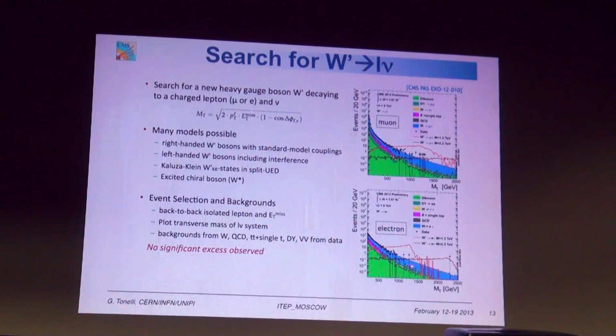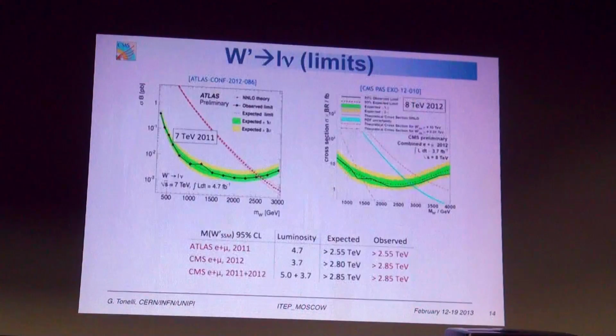Again, you should understand well the tail of the W distributions. There are also components of Drell-Yan and dibosons coming in, particularly in the high mass region, and you conclude that there is no heavy boson at the level of today, let's say 2.5, 3 TeV.